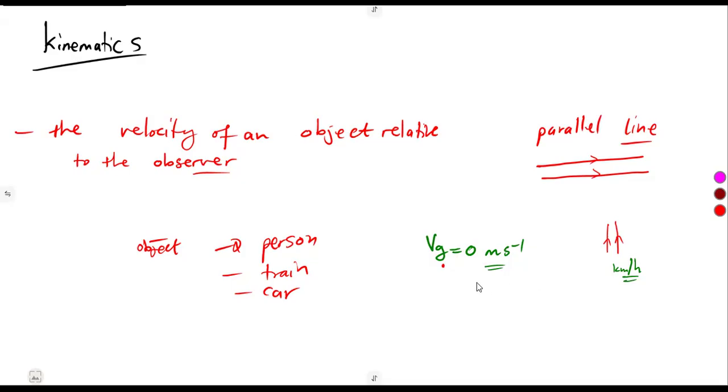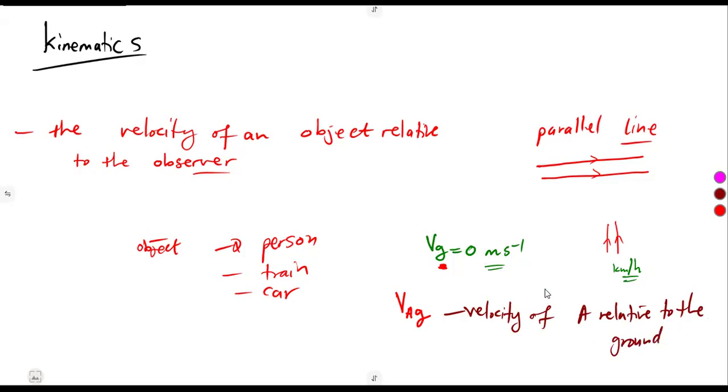We are still here on the ground. Are we together on that one? Yes, sir. So it can be velocity of A relative to the ground. That's the velocity of an object A relative to ground.